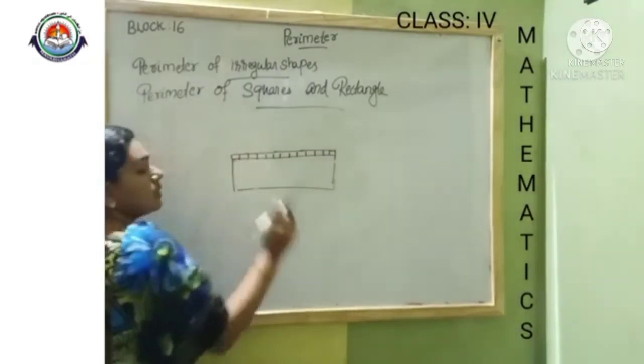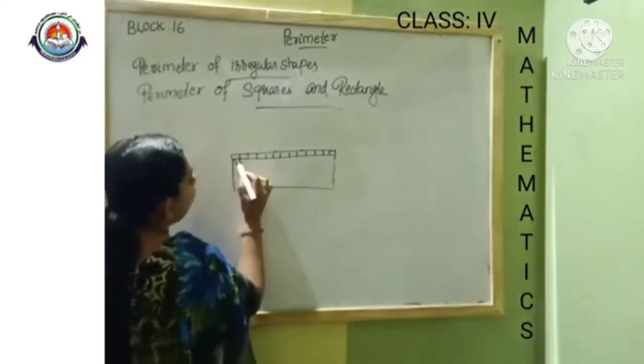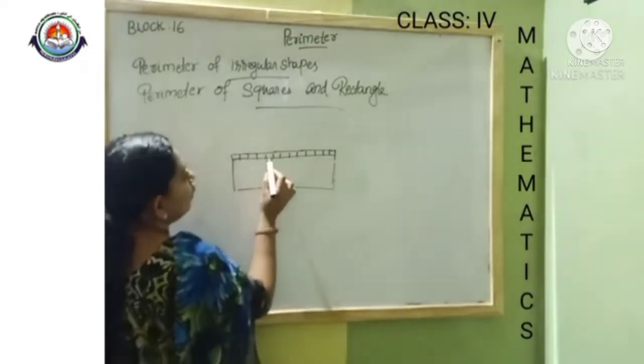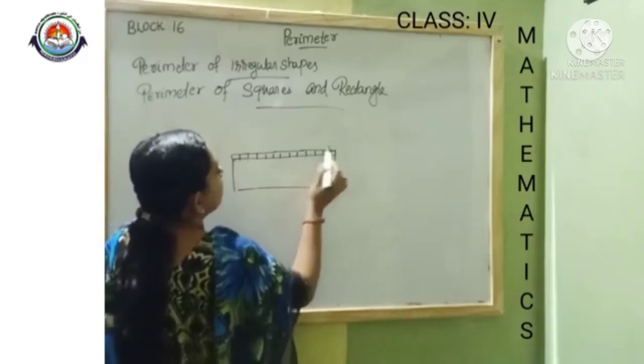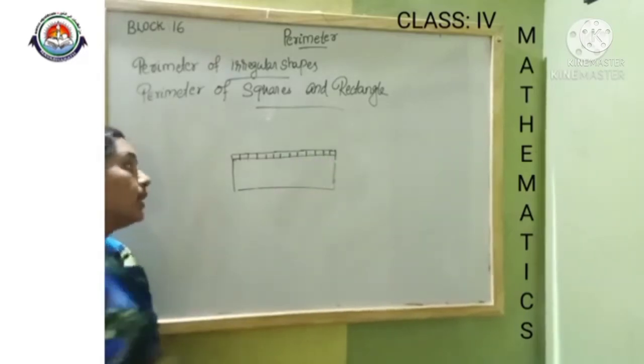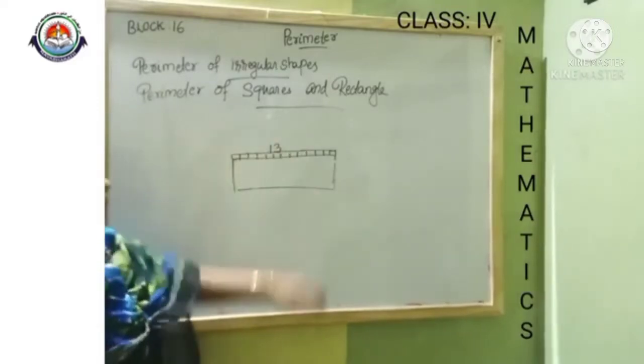So this is one unit. How many squares are there? 1, 2, 3, 4, 5, 6, 7, 8, 9, 10, 11, 12, 13. So total 13 squares are there. So this length is 13.